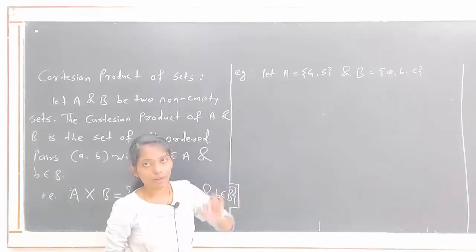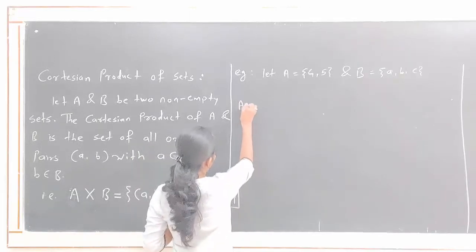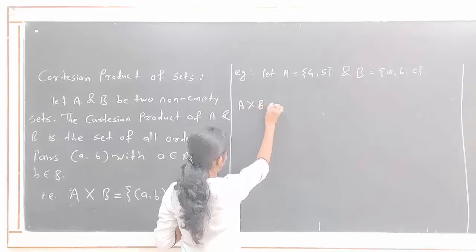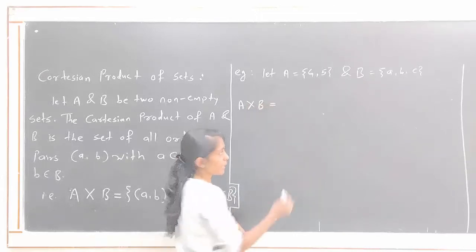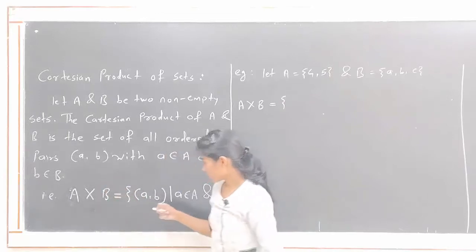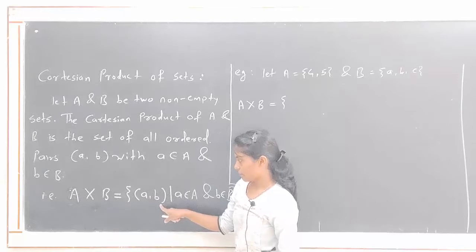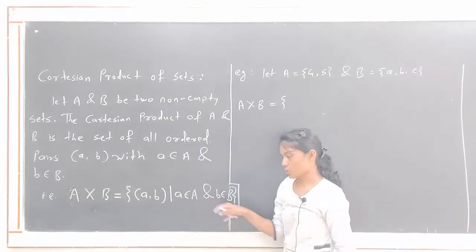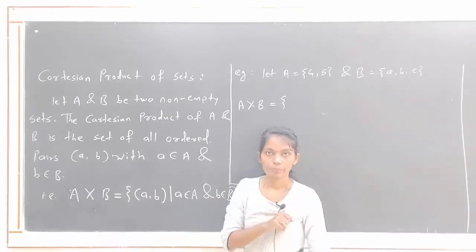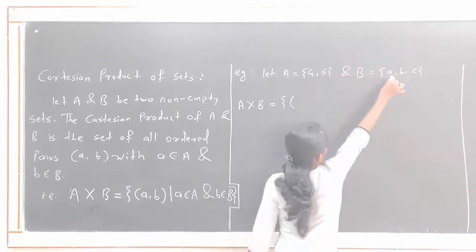Now we want to find the Cartesian product of these sets. First of all we find the Cartesian product of A and B, A cross B. So here observe this, A cross B is the set of ordered pairs (a, b) such that a belongs to A and b belongs to B. So here we can take the first ordered pair (4, a).